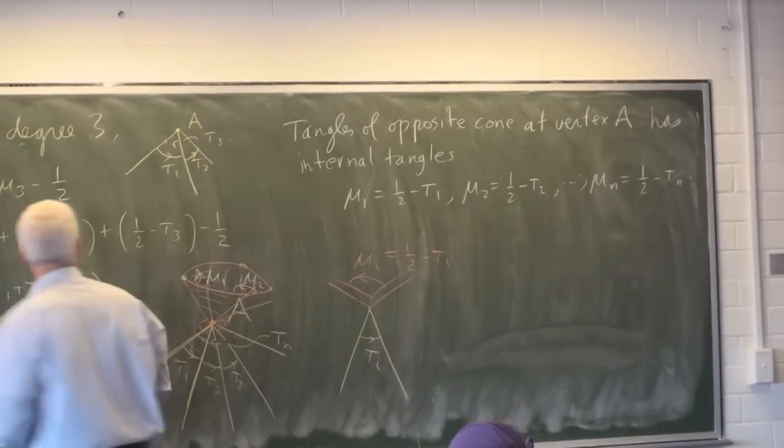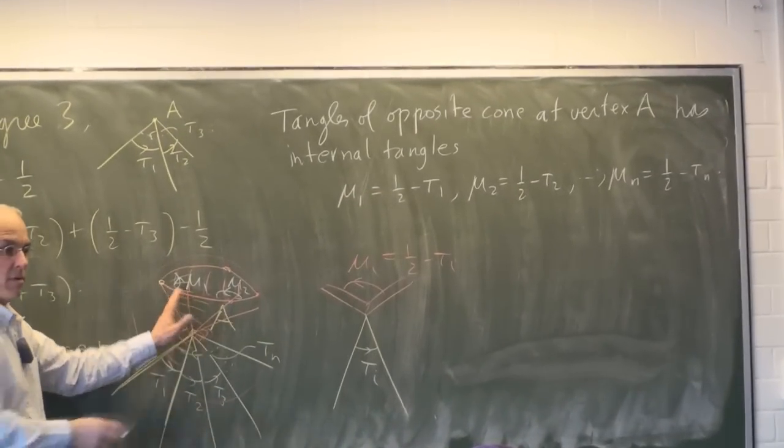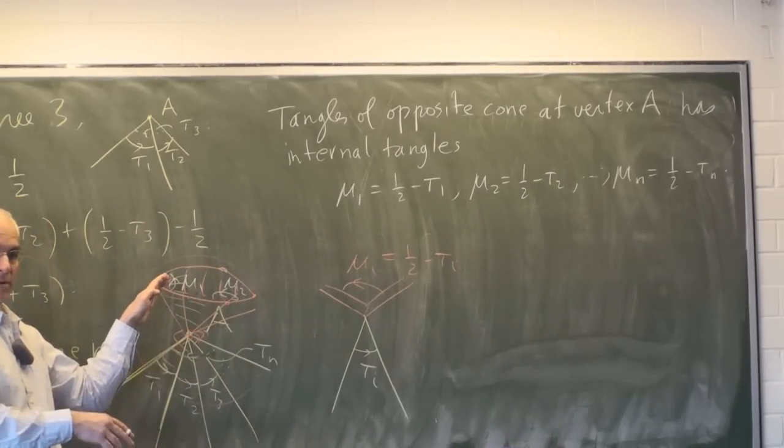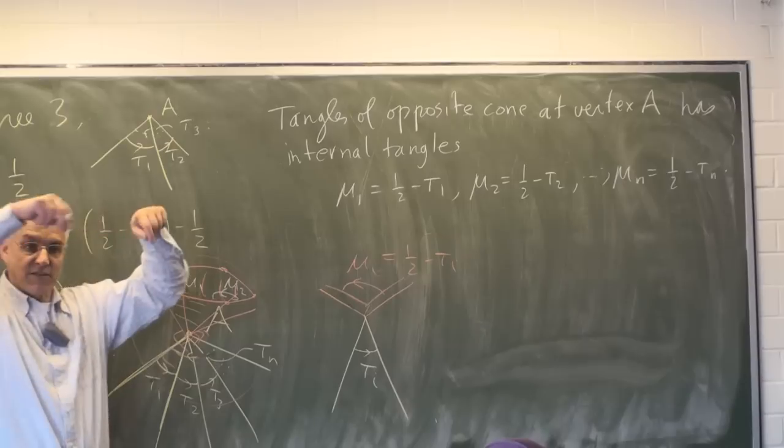This is a cone, and that cone intersects the sphere centered here in a spherical n-gon.